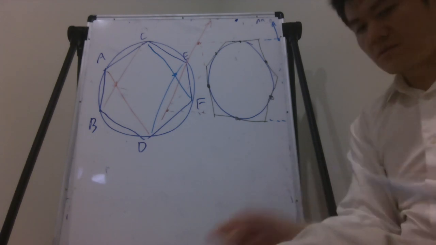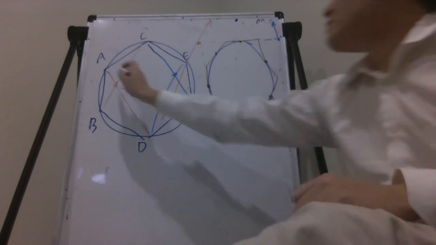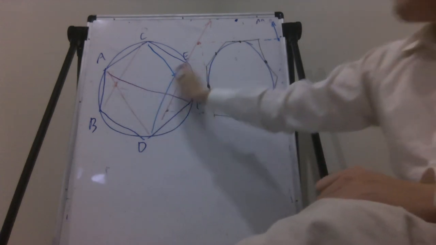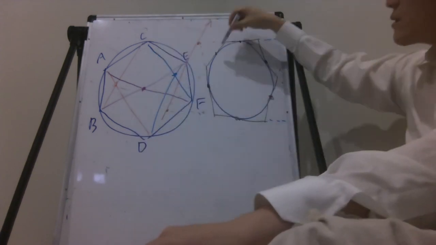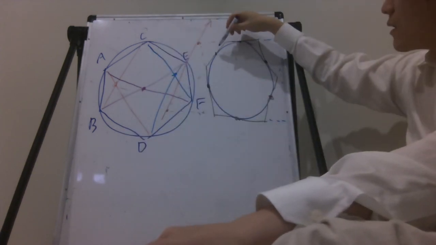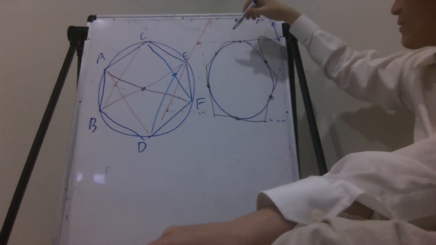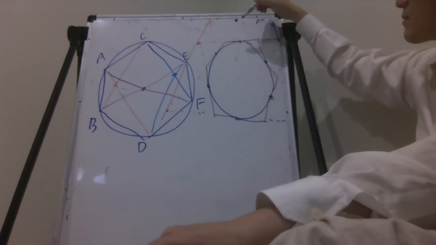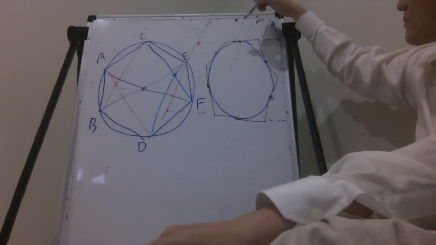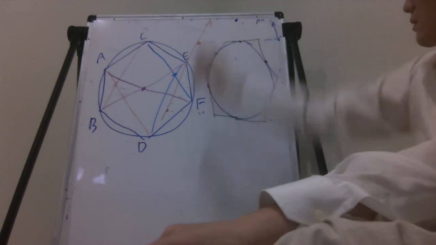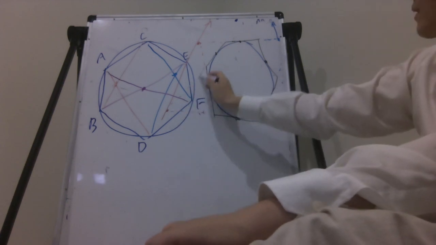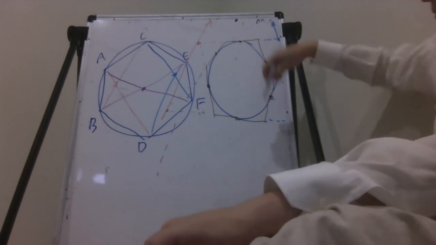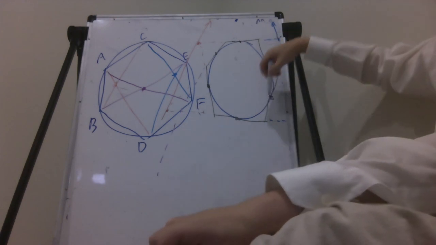Okay, and then the last one, we'll do it in purple. So it's this one. A is here. F. Ooh. It's a parallelogram. Okay, let's say it's over here, okay? This is A, yeah? Yes. Bit dodgy.